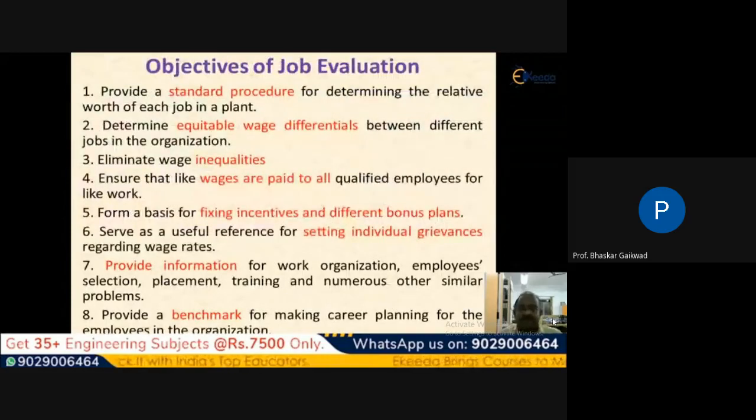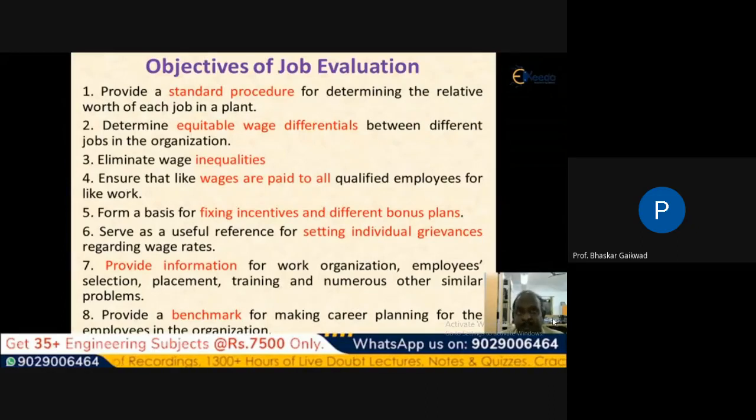Now comes the objectives. It gives you a standard procedure to determine the worth of each and every job. If you have 10 or 15 jobs in an organization, it says each job has its own worth or value.